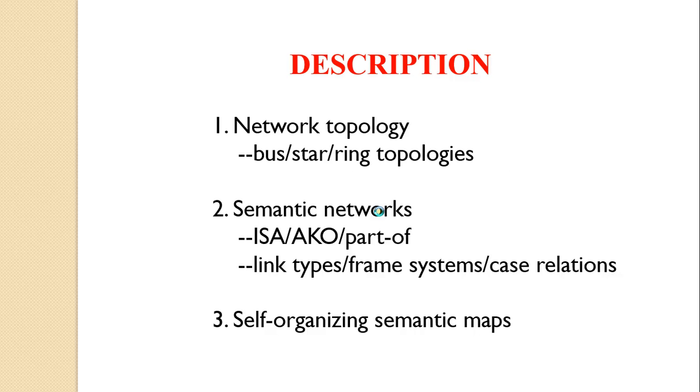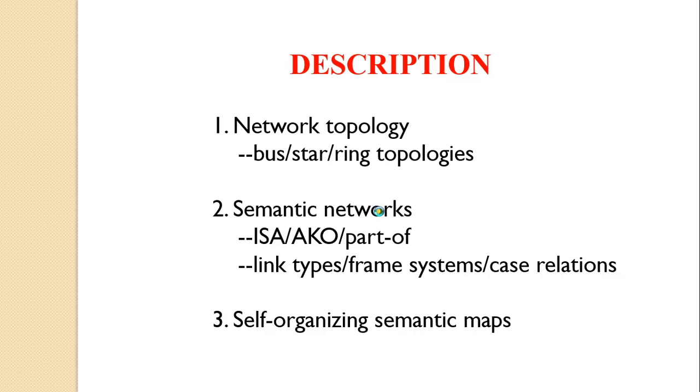This project is designed to identify the topology of a semantic network of words and phrases given text documents. I will first introduce basic knowledge of network topology, including the bus topology, star topology, and the ring topology. And I will also introduce the semantic networks, including ISA, AKO, part of, and the link types, frame systems, and the case relationship.